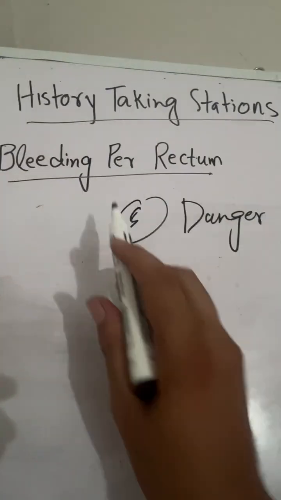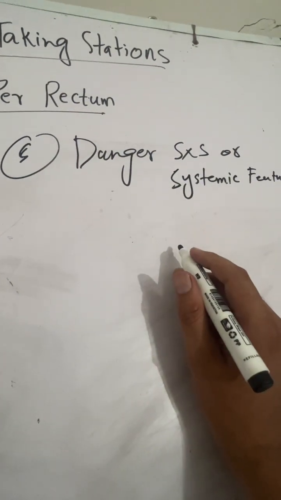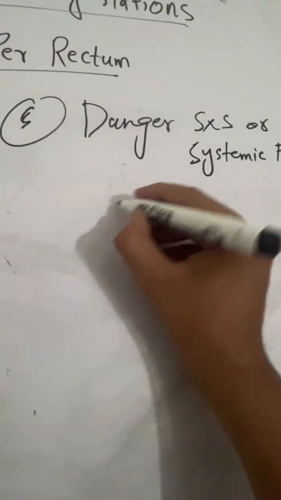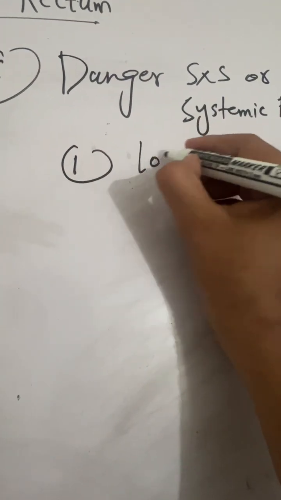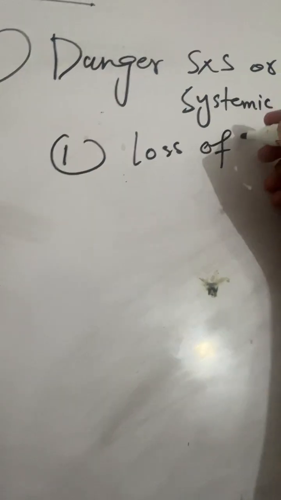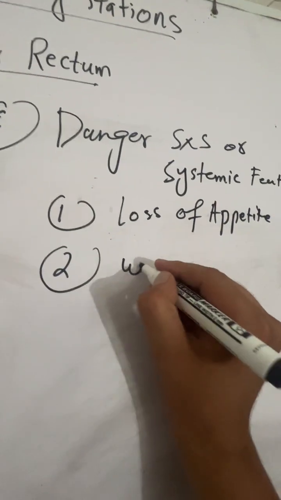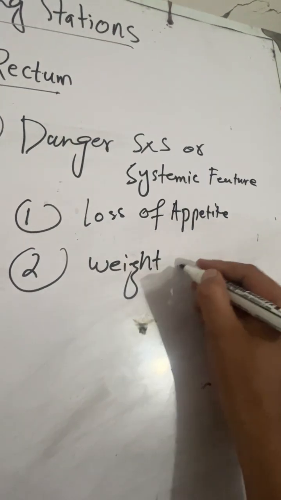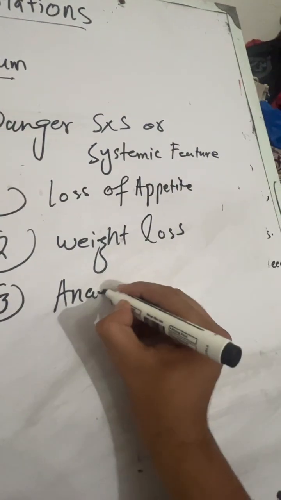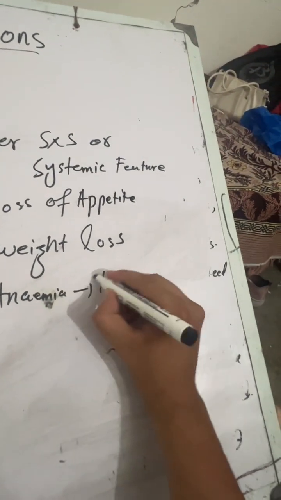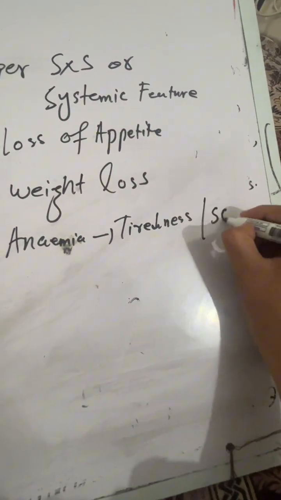While taking a history of bleeding per rectum, what will be the danger signs or red flags? The danger symptoms are loss of appetite, weight loss, symptoms of anemia like tiredness and shortness of breath.